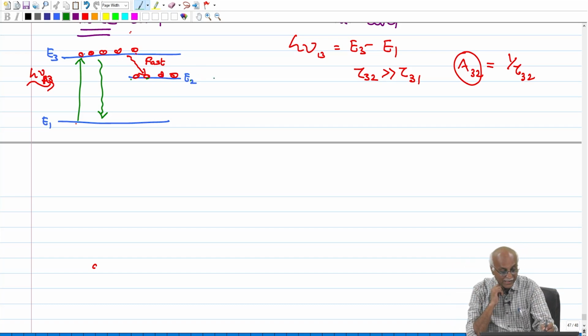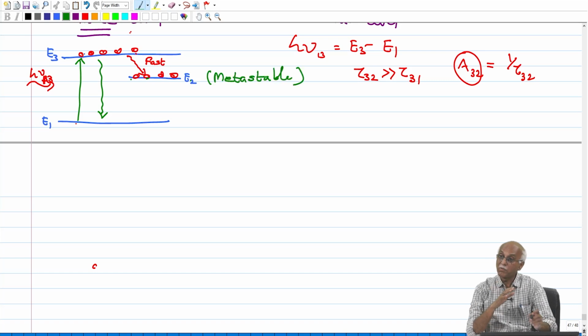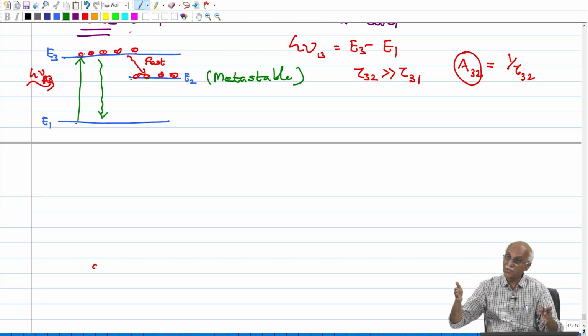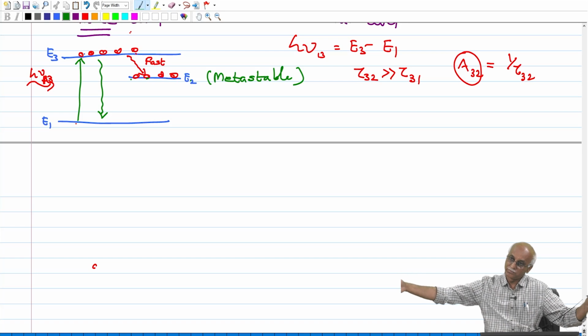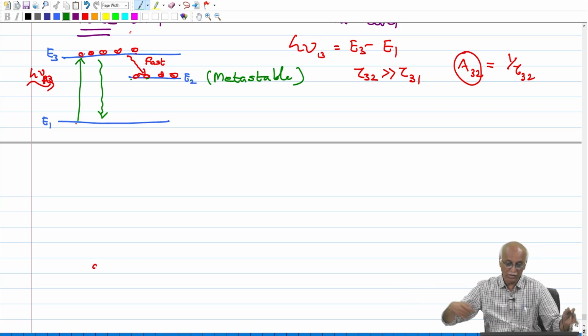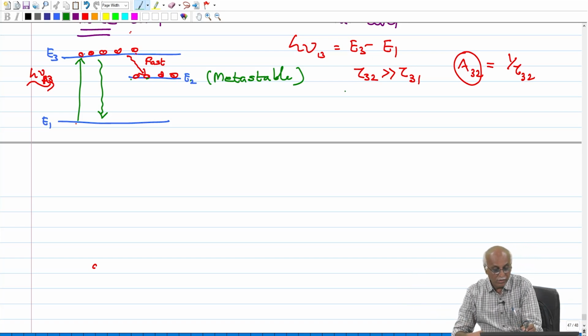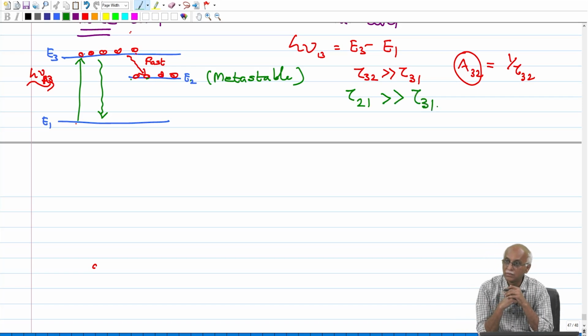Now, if this E2 is a metastable level, that means the lifetime of spontaneous decay between E2 and E1 is quite large, much larger. So the lifetime tau 21 is much larger than tau 31. Then what will happen?